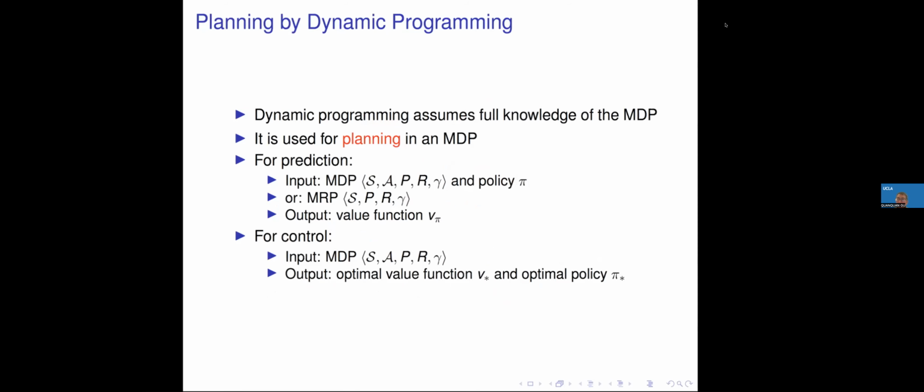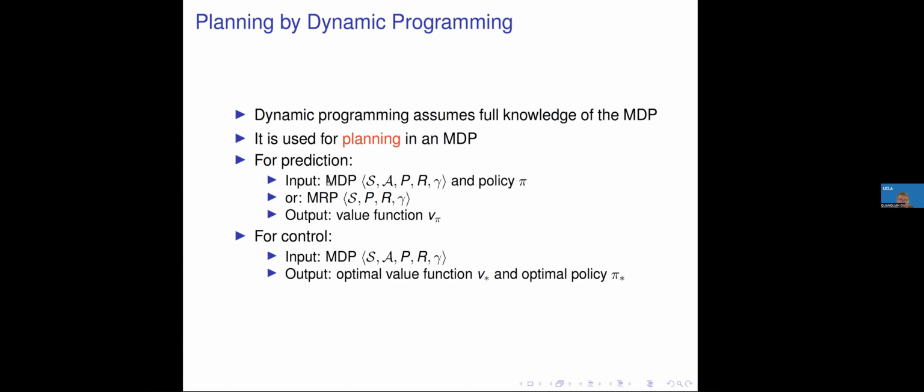Because this is just a very introductory course, let's assume the transition probability of the MDP is known. This is a very strong assumption, but in the future there are also many algorithms that can deal with unknown transition probability, though I'm not going to cover them in today's class.